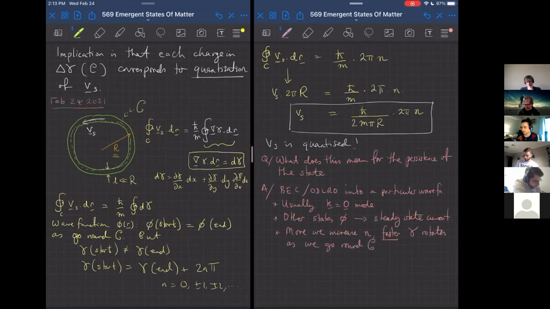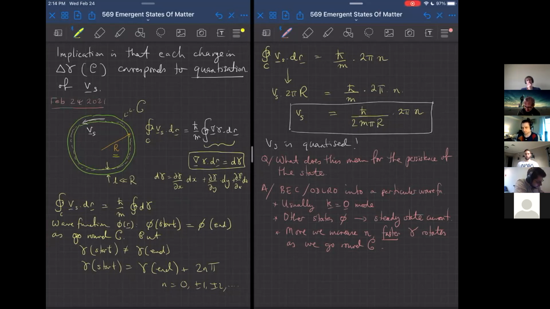the curve C. And when I say faster, what I mean is if I go round the curve once in space and gamma changes by 2π, that's the slowest it can change. But I can also go round the curve in space once, that's 2π in real space, but go round twice in the order parameter phase, and so that's twice as fast. I can go around 6π, so I can go around 3 times, and so on.